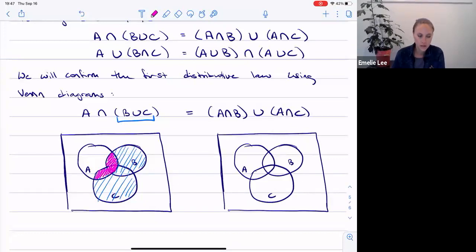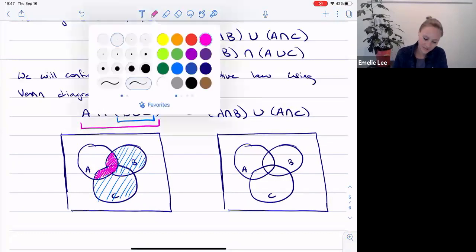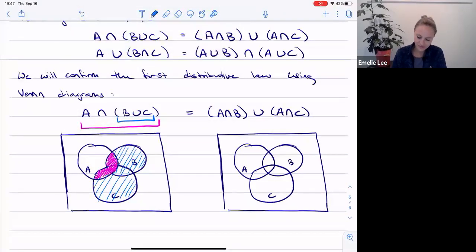Okay. And so this pink region is the entire thing. But like I said, it's going to be hard to see if you just look at the notes, but hopefully that works out. I don't know. We'll see.